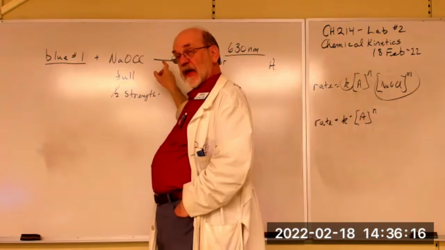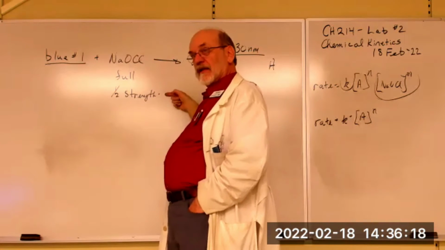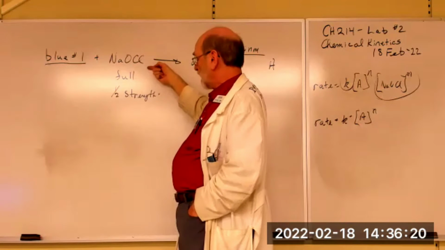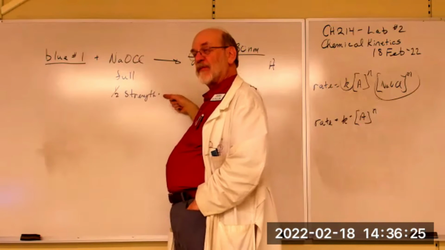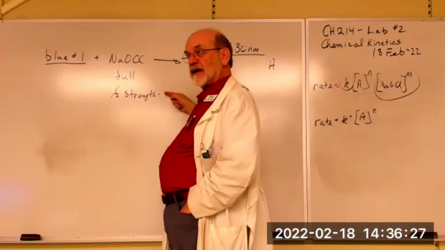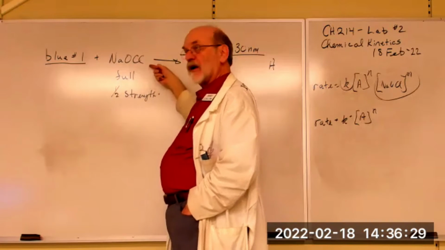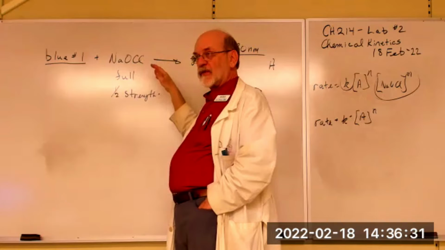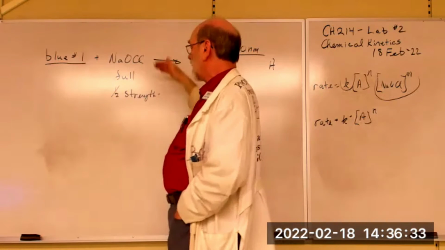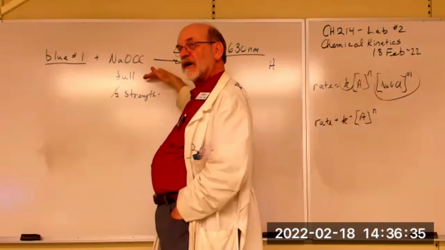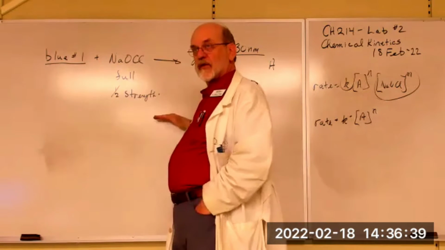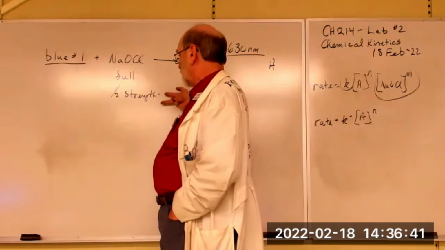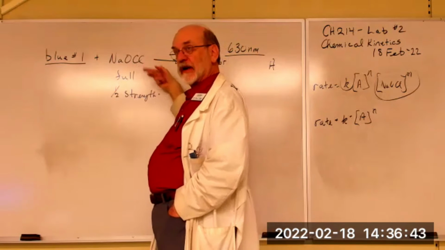So you've got to match the ionic strength for this one. That's why when we cut this one in half for this experiment, we make up the difference with an equal amount of sodium chloride at that concentration. And I've already made up the solution. So all you have to do is, once you find out how much of this to put in the reaction vessel, you put half of it in there for this one, and the other half you make up with sodium chloride. And that matches the ionic strength.